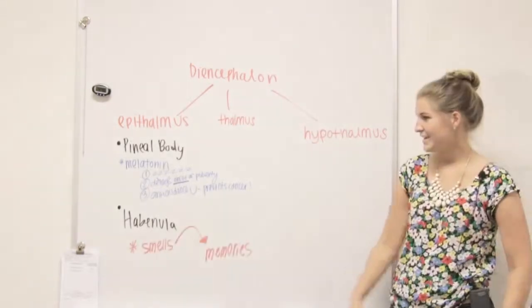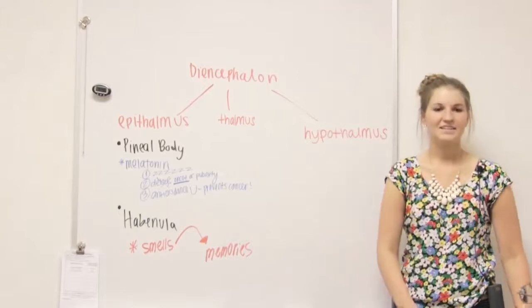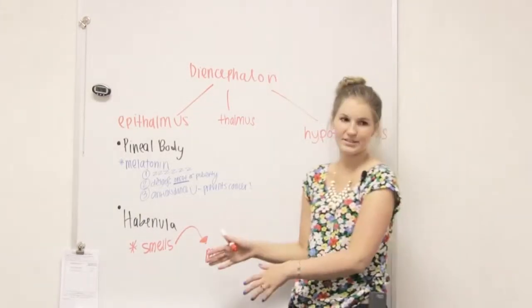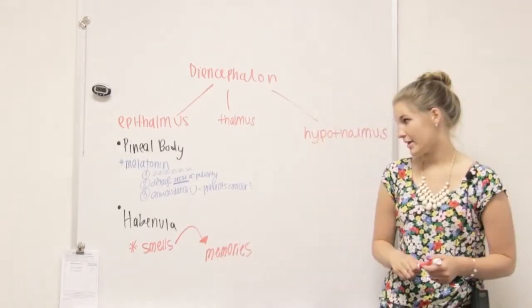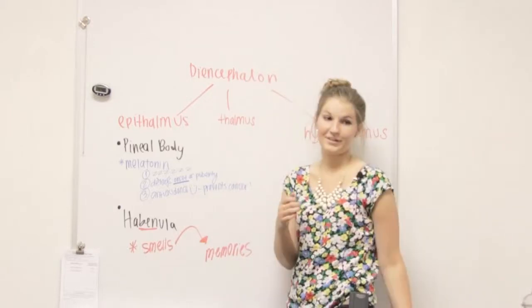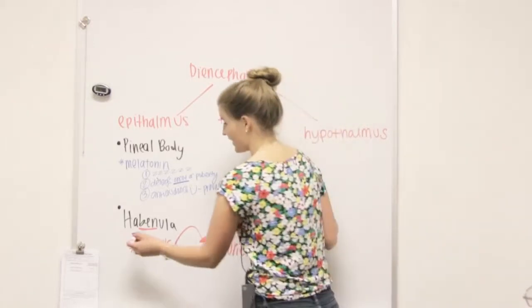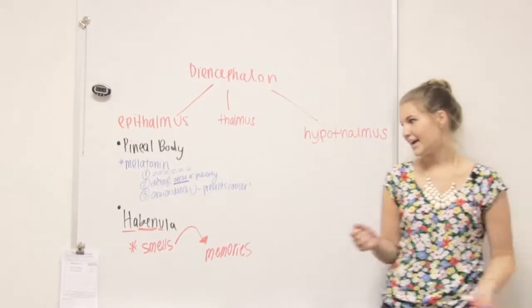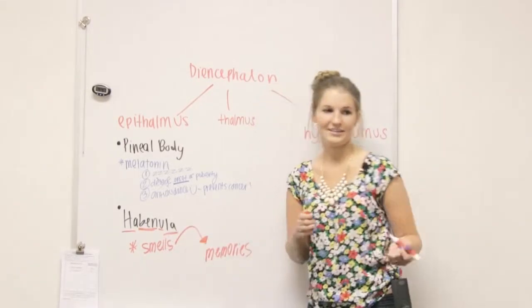But your habenula is going to take olfactory, which is smell, into memories. So the way I remember it is my friend Ben was telling me a really funny joke. So I'm about to be like, ha, Ben, you are so funny. But all of a sudden, I stop mid-sentence and go into La La Land.